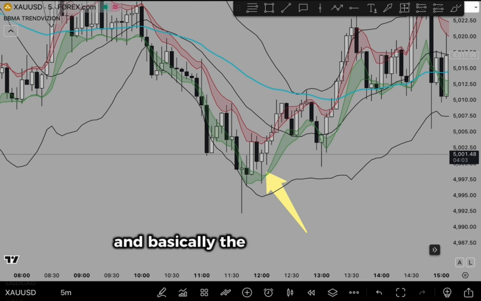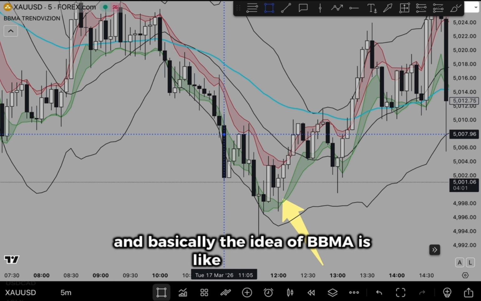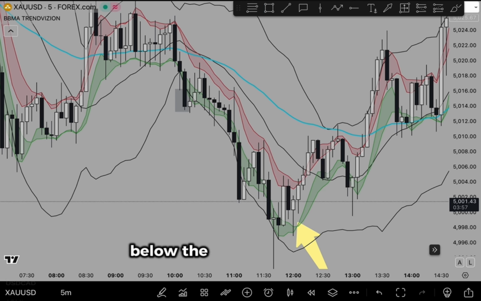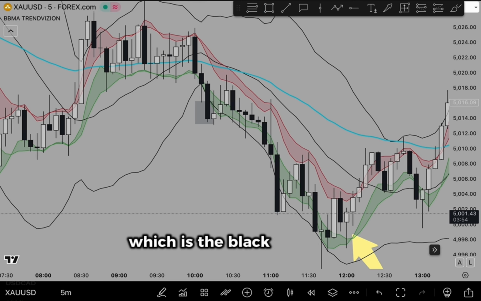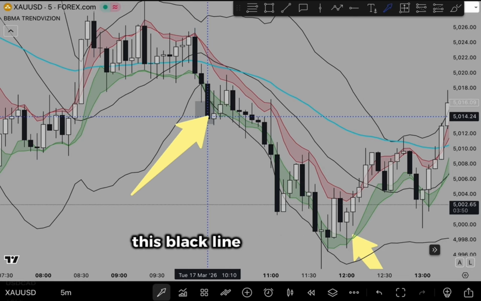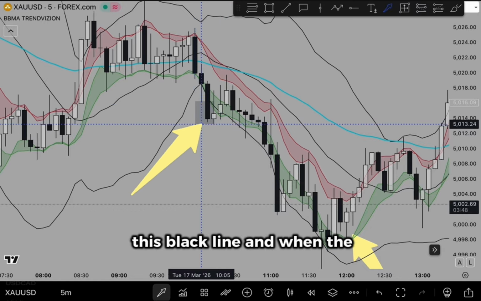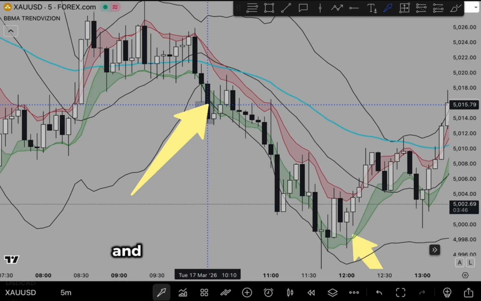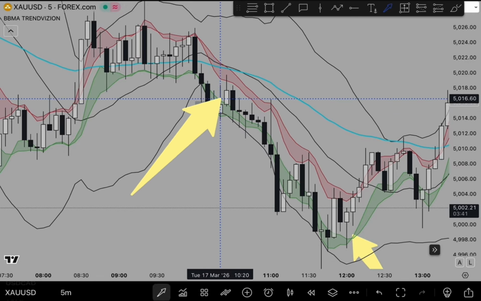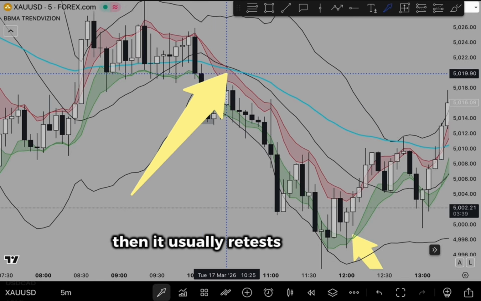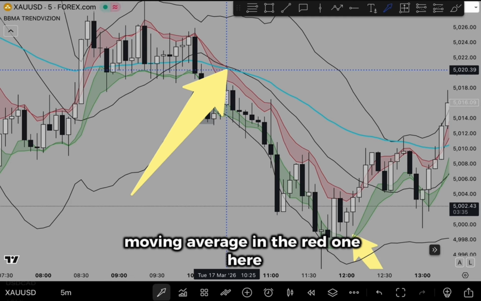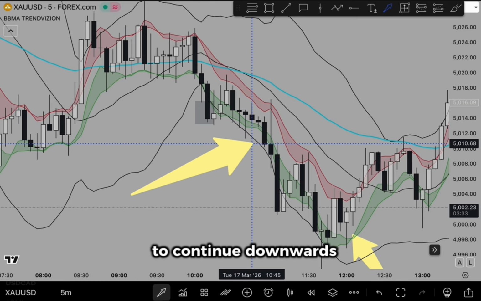And basically the idea of BBMA is like this, right? You have a candle that closes below the low Bollinger Band, which is the black line in this case. And when a candle closes below this and the low moving average band, like the green one here, then it usually retests the other moving average, the red one here, to continue downwards.